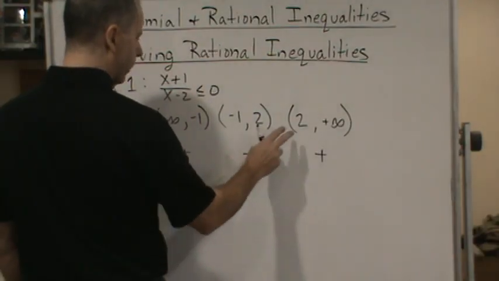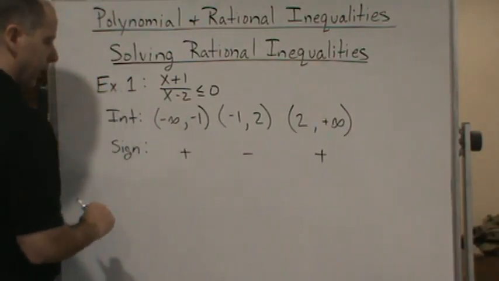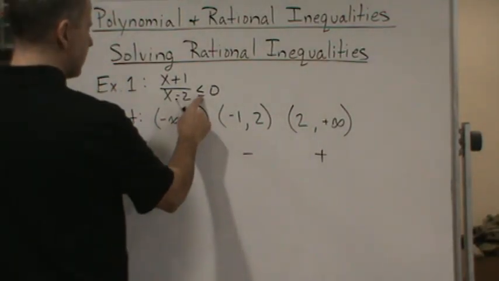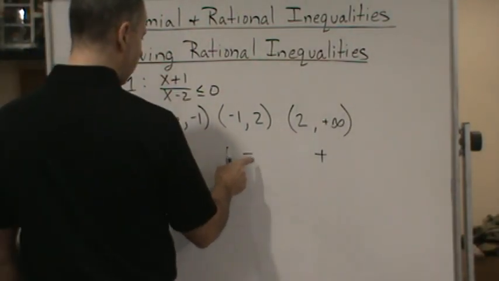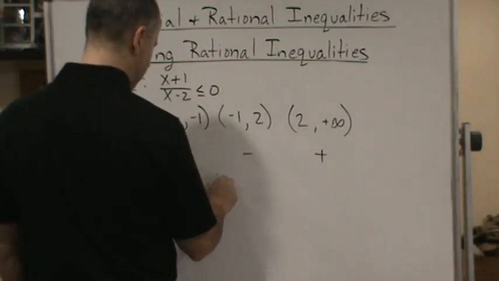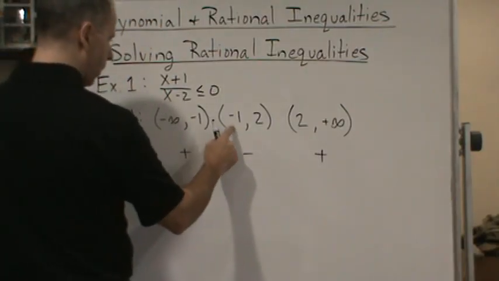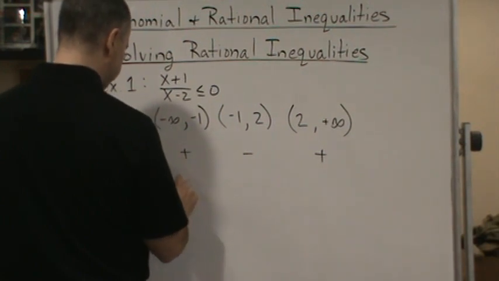So we cannot include 2, but we can include negative 1. Now, we want everything that's negative or 0. So that means it's going to be this interval. So our solution set is going to be what? Negative 1 to 2, but does not include 2.